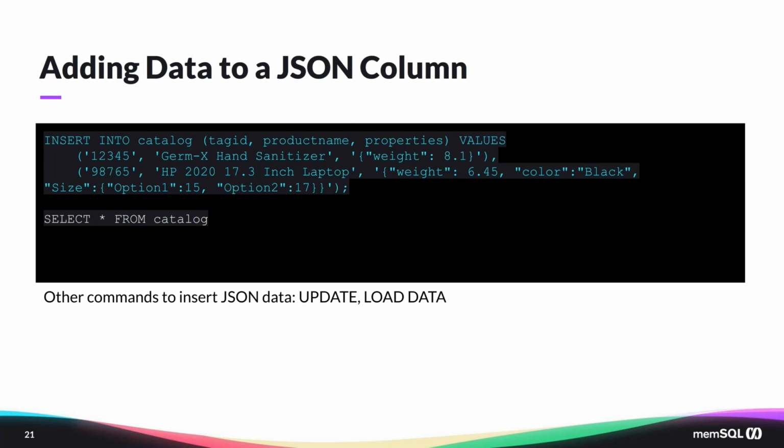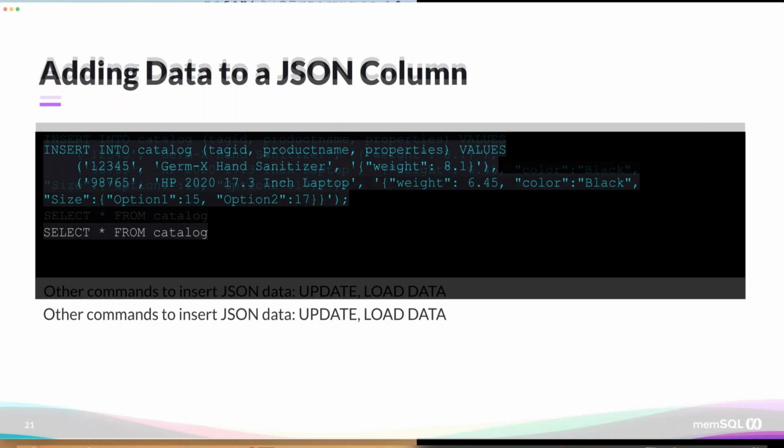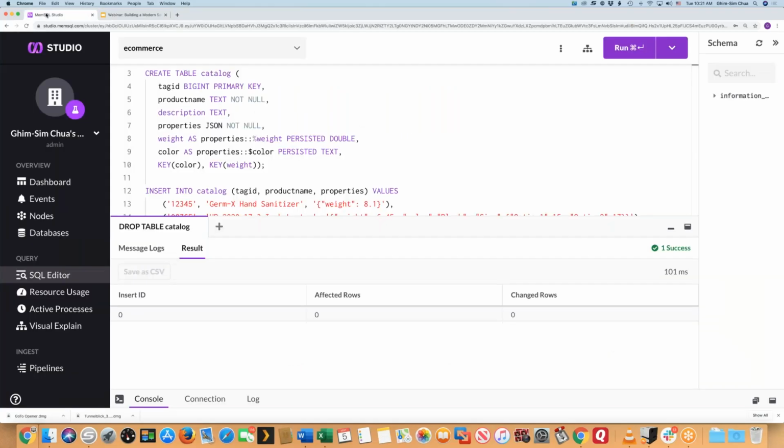So how do you add data to a JSON column? I've actually created a Helios database, and what you see here is our MemSQL Studio, which allows you to conveniently connect and execute SQL queries, as well as see what's happening to your database.